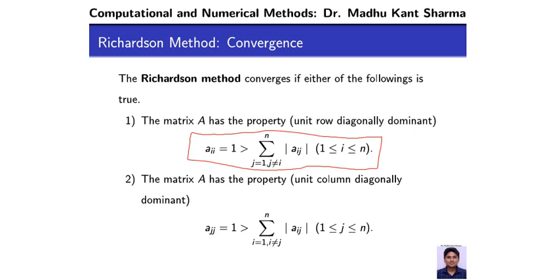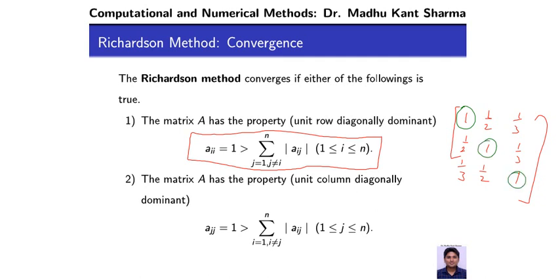Then you call that unit row diagonally dominant. For example, if I have the matrix with rows 1, 1/2, 1/3; 1/2, 1, 1/3; 1/3, 1/2, 1, then A11, A22, A33 are equal to 1. Right, that's the first thing.